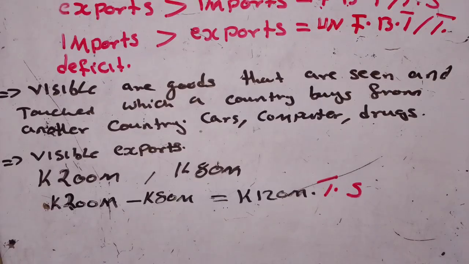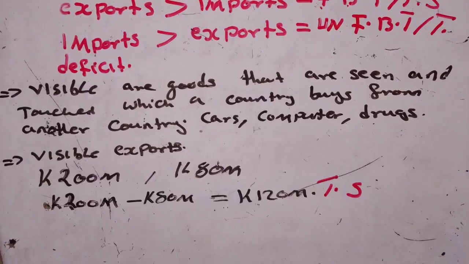On the other hand, a balance of trade is said to be unfavorable or imbalanced when the visible imports of a country exceed its exports. Let's look at an example of an unfavorable balance of trade.